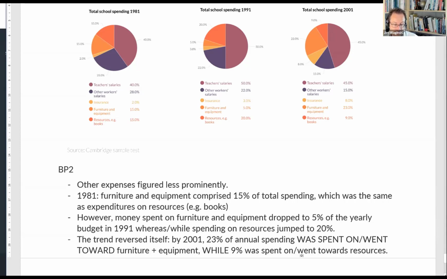Toward is American, towards is British. As you can see, 23% of annual spending was spent on furniture and equipment, while 9% went towards resources. So, back and forth, was spent on or went towards.